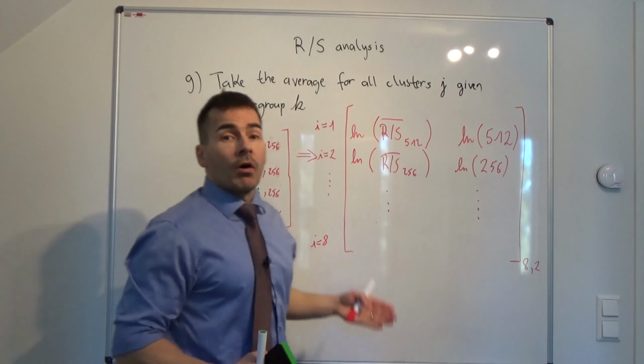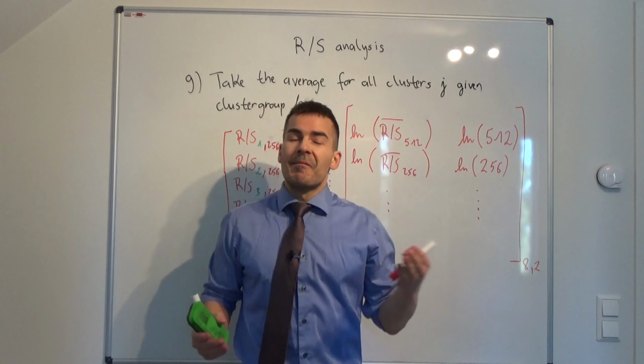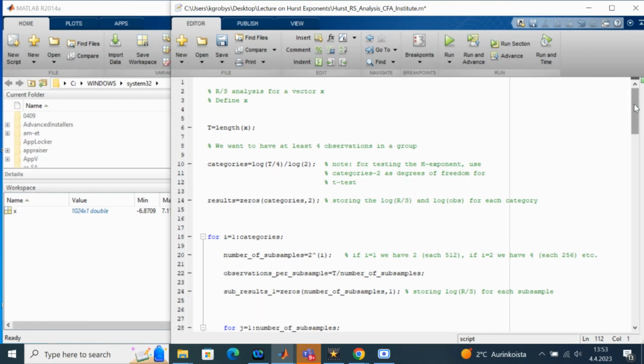And now let's have a look at how to implement this in Matlab. Here I have already opened the corresponding Matlab script entitled RS analysis for a given vector x. First of all, we have of course to define what is our data vector that we wish to investigate here. Then we have to define the sample length, and as we discussed on the whiteboard, it must be a multiple of 2.